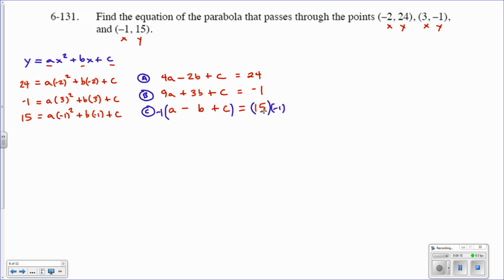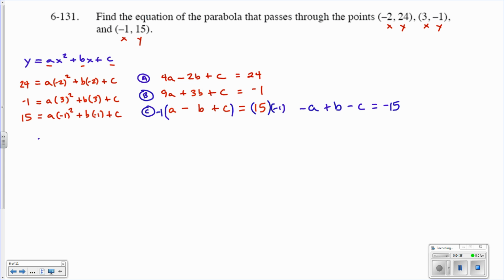So now my new equation for C ends up being -a plus b minus c equals -15. This is my new equation for C right here. I'm going to now pair A and C and B and C so that I can eliminate that c and solve for a and b.